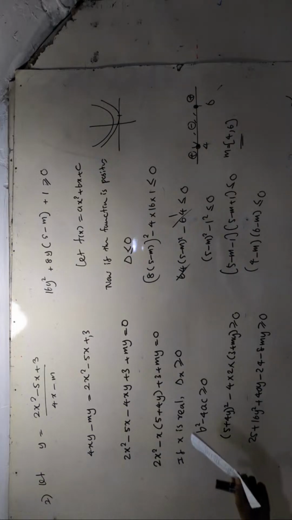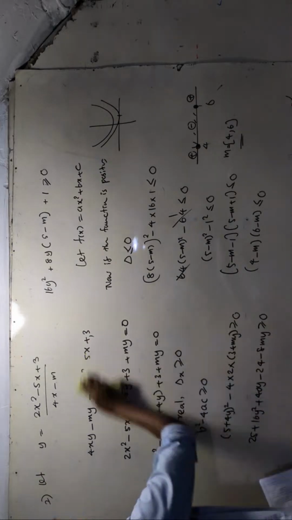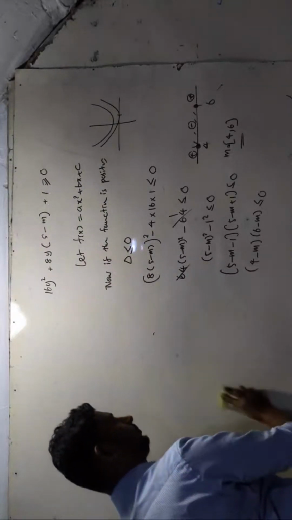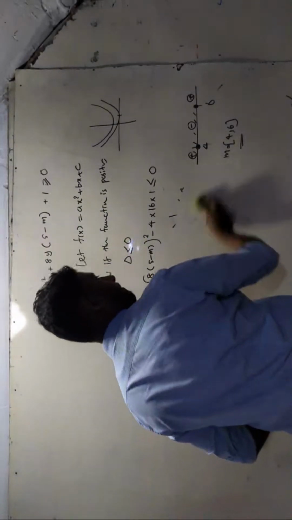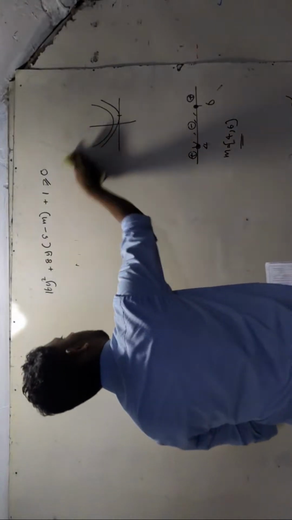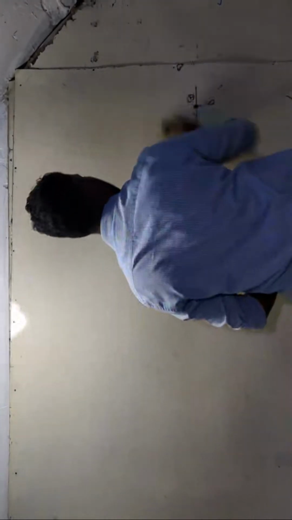Right, let's go to part B. Right, part B. So this is part B, my polynomial question.